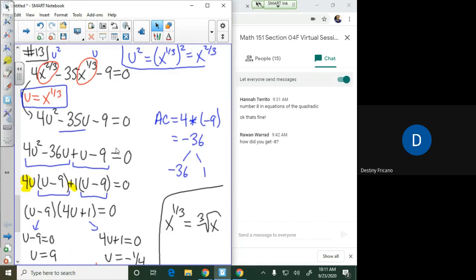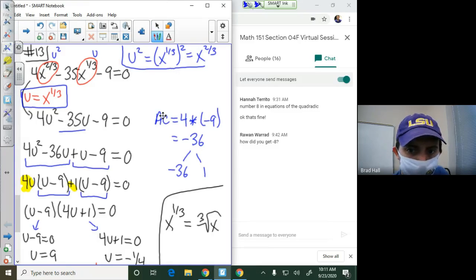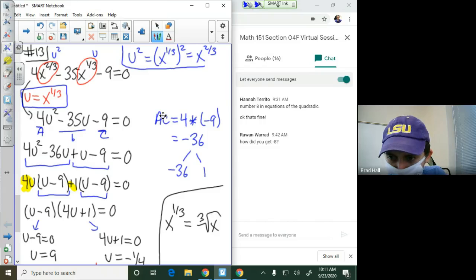So did you just use 35 and u to get your numbers for the AC method? So for the AC method, when you refer to A, B, and C, here's A, here's B, and here's C. So the 4 would be A, negative 9 is C, and that helps us give the 36.